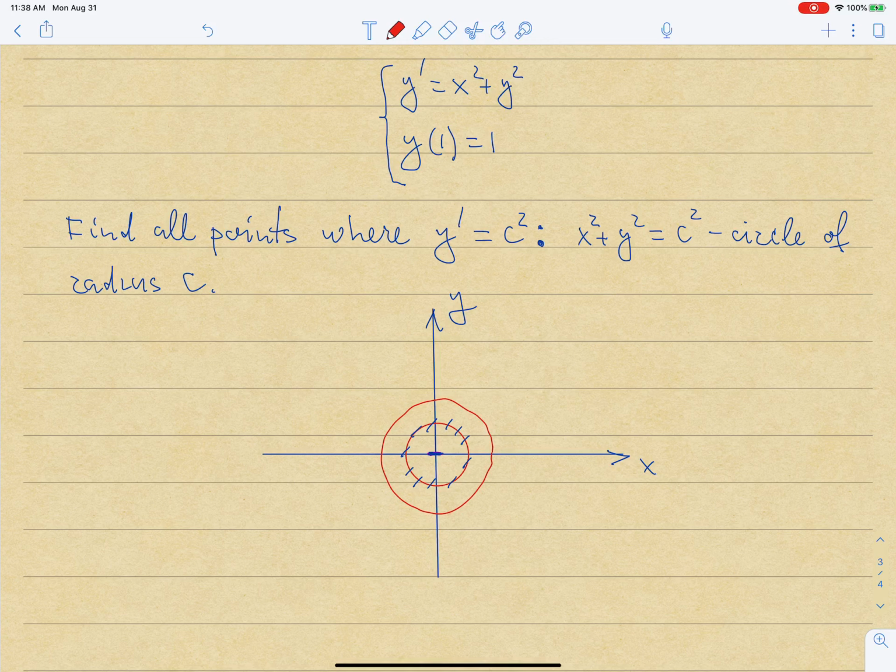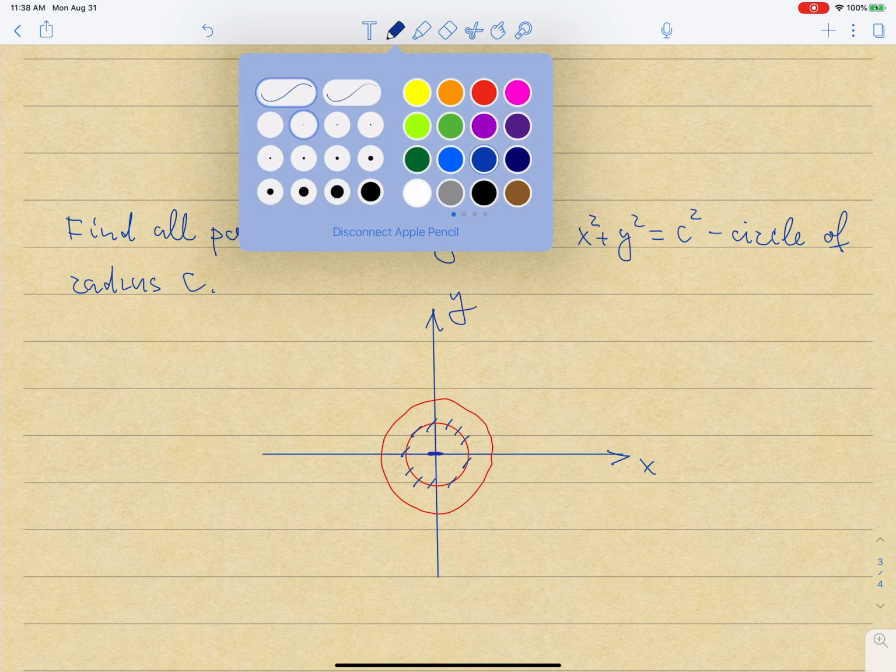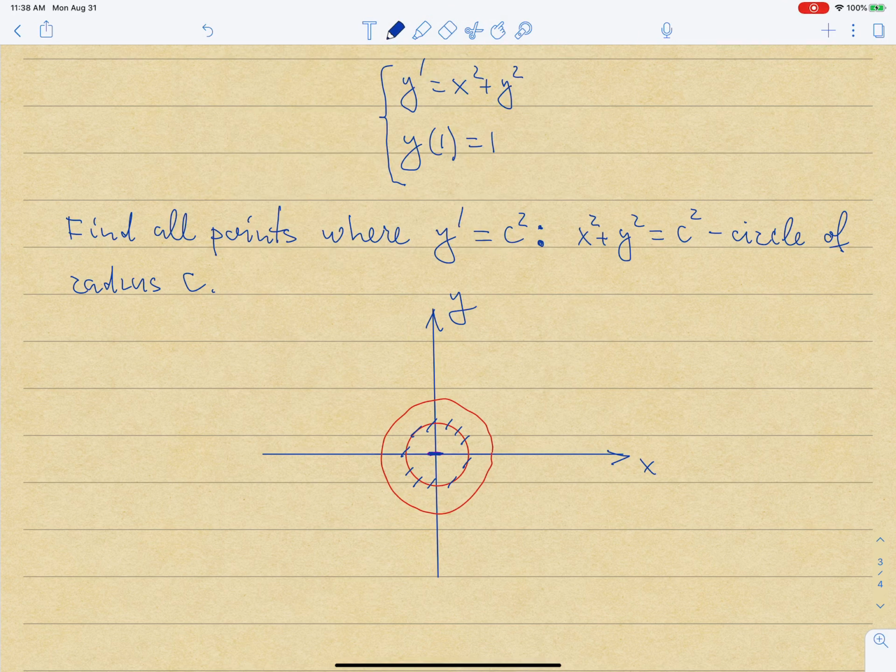All right, so let's accept this as a circle. Circle of radius 2, the slope is going to be what? Slope is c squared. Therefore, the slope in this case is going to be 4. So things are going to be much steeper here.